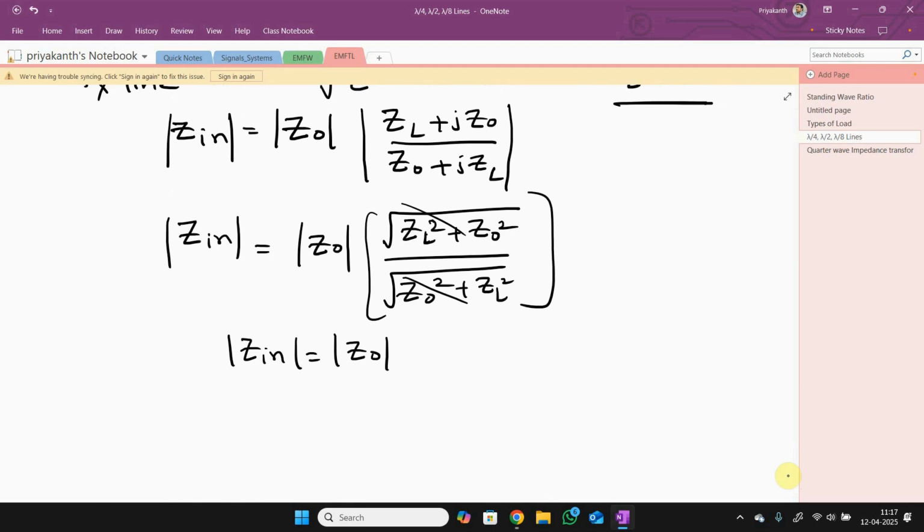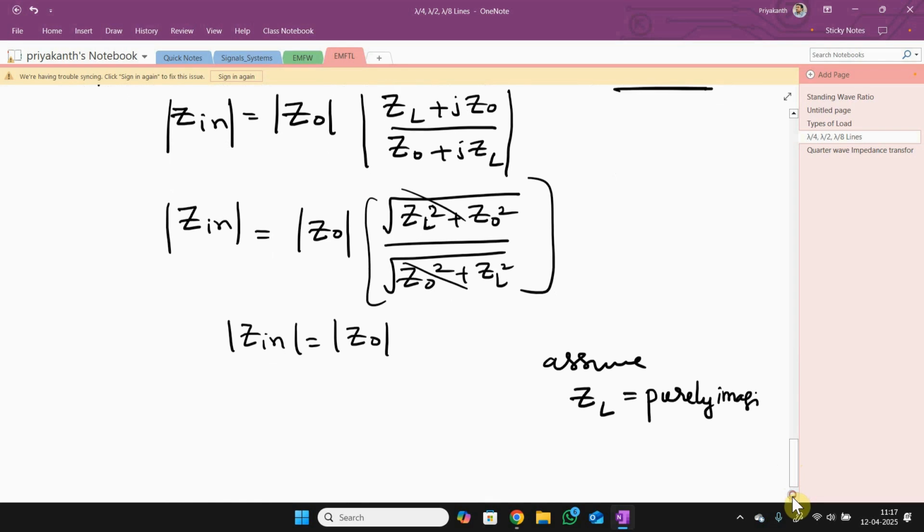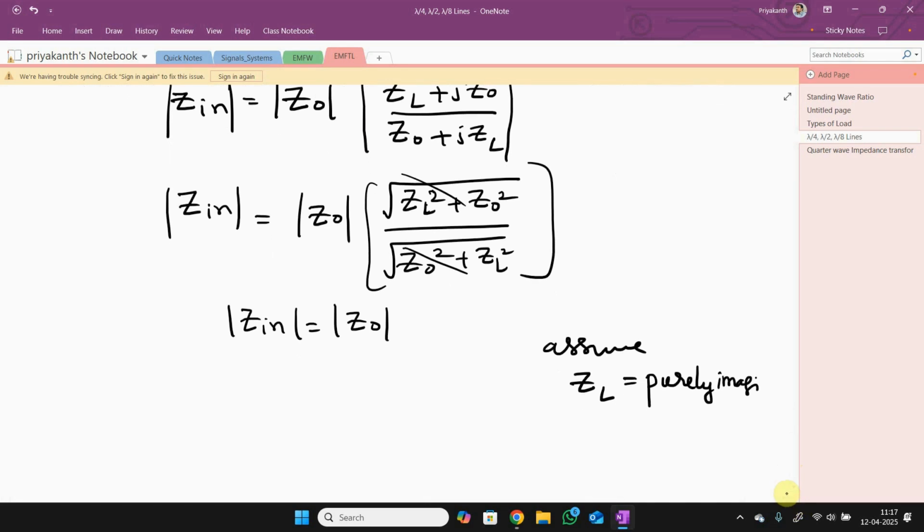Okay. Now just assume that ZL is purely imaginary. ZL is purely imaginary. Now what happens to this Zin now? Tell me fast.